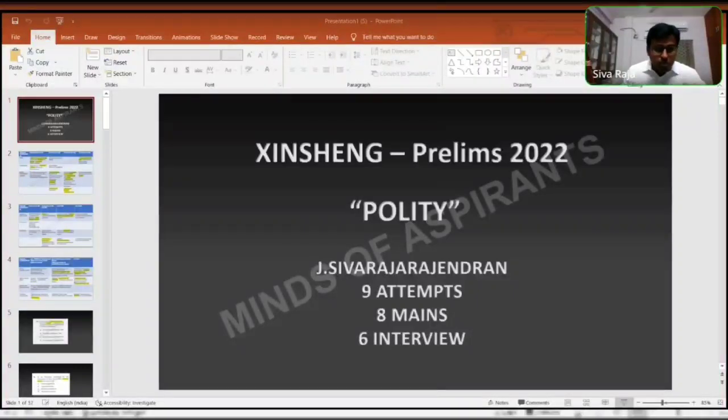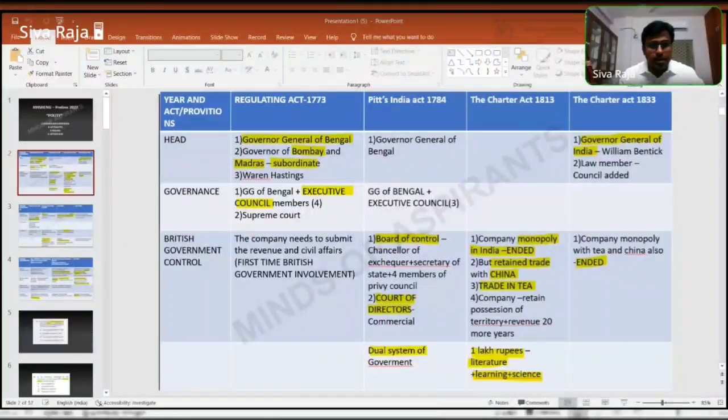Next, Governor General of Bengal had something called an Executive Council. And if you happen to see, there is nothing. Okay, the PPT isn't showing, sorry. Okay, so the PPT, that is the Regulating Act. Is it visible?